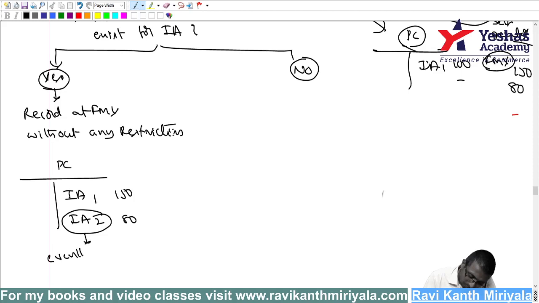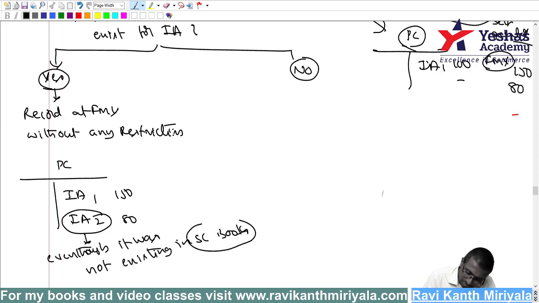Even though, remember my dear friend, intangible asset 2 was not existing in the selling company books, this is an important point to remember. Even though it doesn't exist in the selling company books, you are still supposed to record it at fair market value. Are you getting my point?